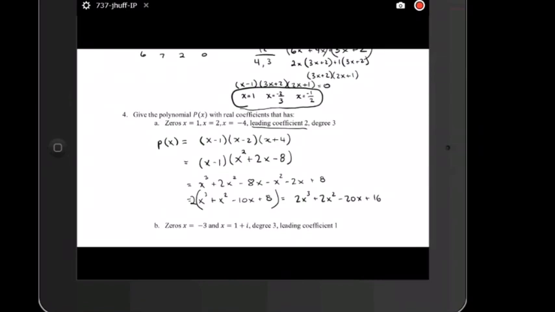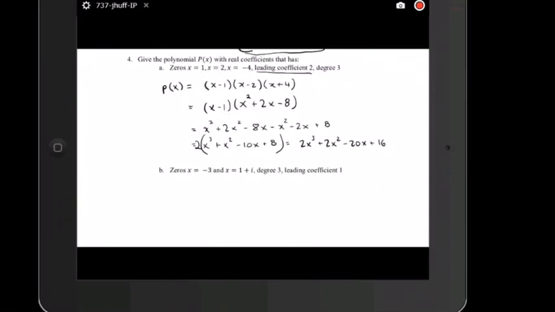And it's important to note that you'd multiply the whole polynomial by 2, not just multiply the leading coefficient by 2. If you just multiply one term by 2, you're changing the whole polynomial. If you multiply every term by 2, you're not changing the zeros of the polynomial. Okay.